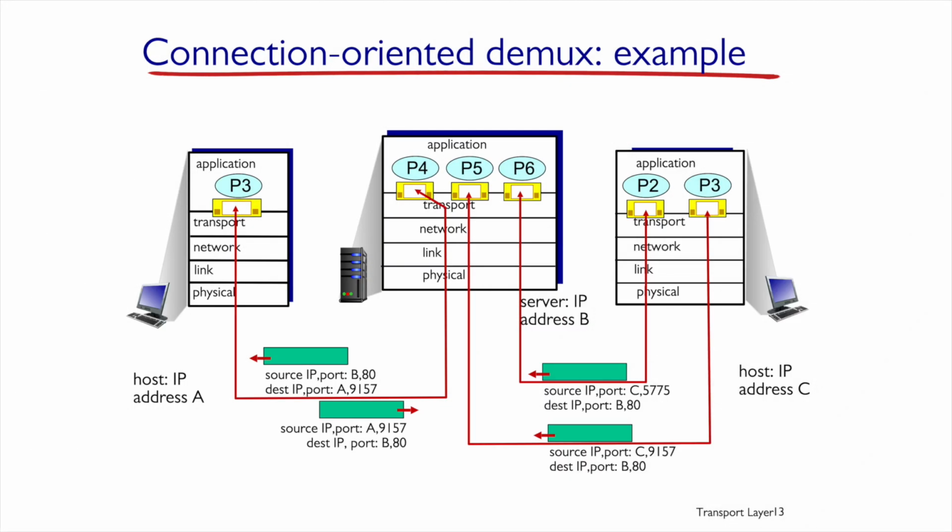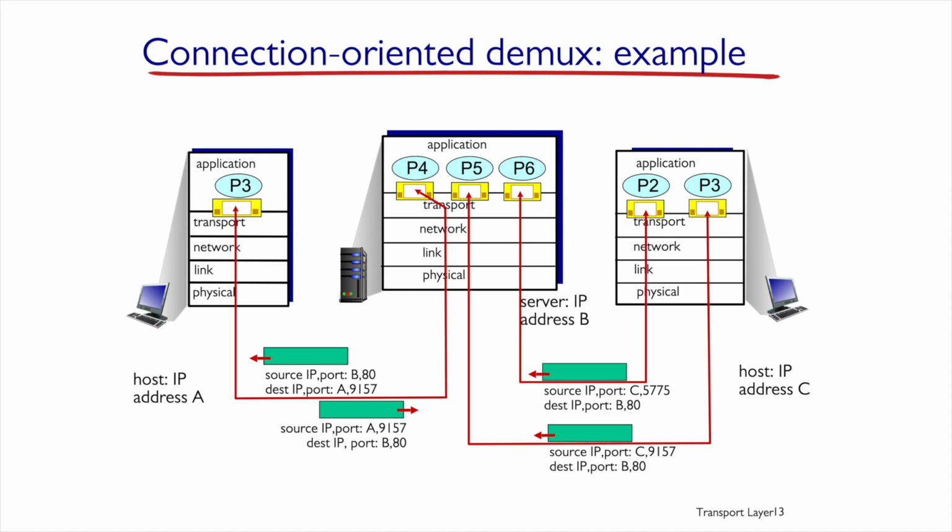Let's see an example of TCP connection-oriented demultiplexing. Unlike with UDP socket, we need to describe every connection between two processes. We'll use the quartet of source IP, source port, destination IP, and destination port. Let's look at an example with three hosts.